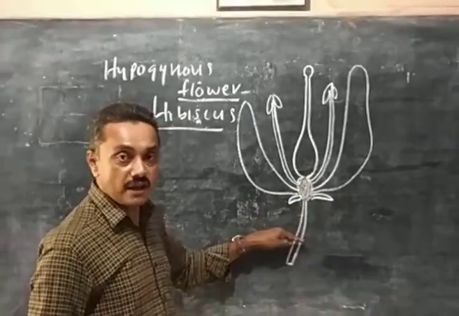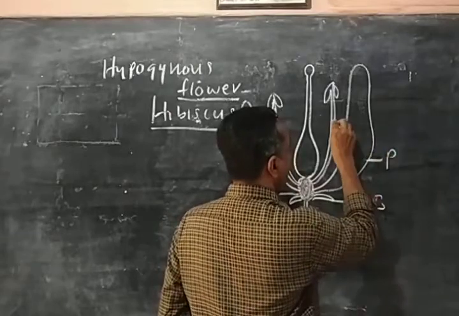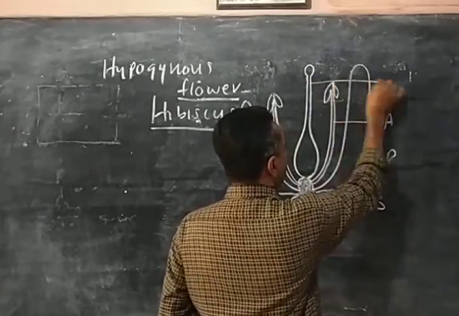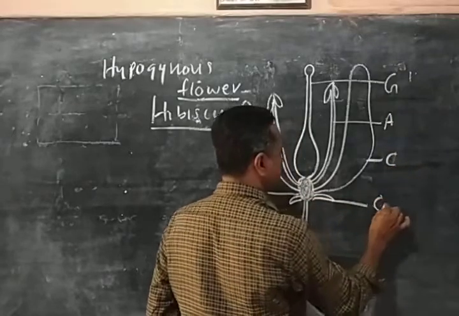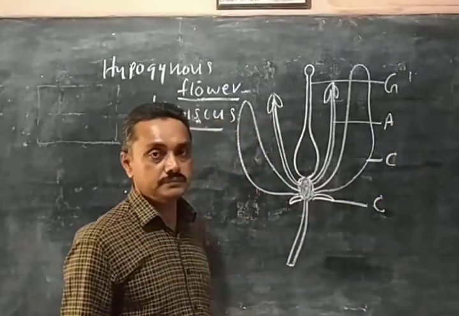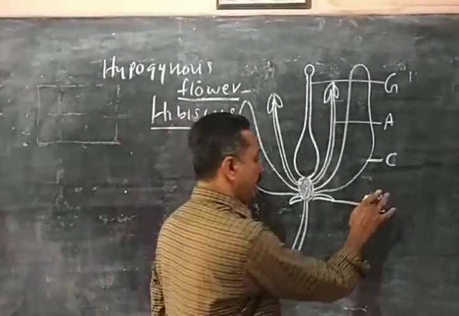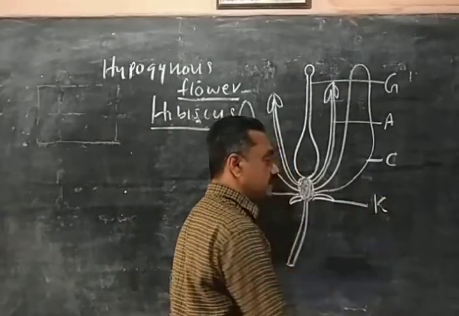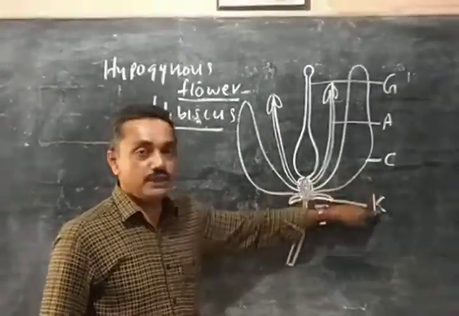See, four parts are arranged: sepal, petal, androecium, gynoecium, that is calyx, corolla. We represent calyx by K, not C, though we write C-O-R-O-L-L-A for corolla, to see the difference between the two.